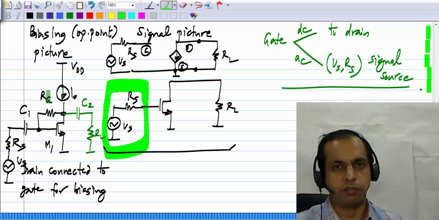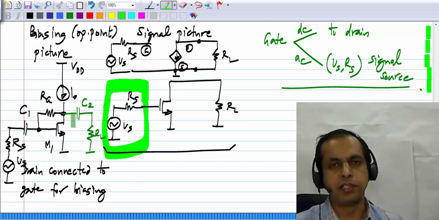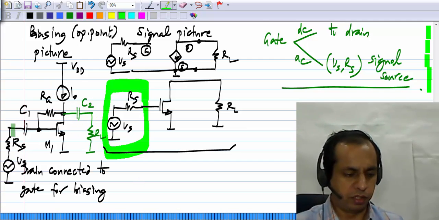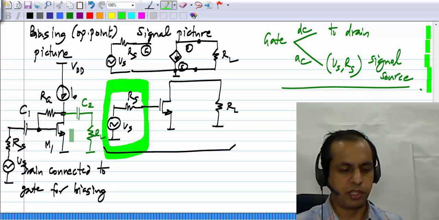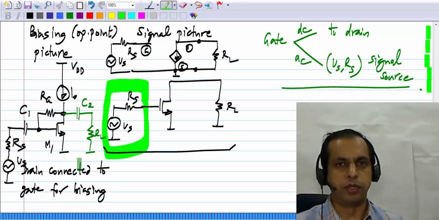We have to find out the effect of that and so on. So what we have done is to use the principle of AC coupling to connect the signal source to the gate source and the load RL to the drain source. I hope the logic is very clear. If not, please replay the lecture and follow the logic once more. It's very important that you understand the logic behind every step of this.